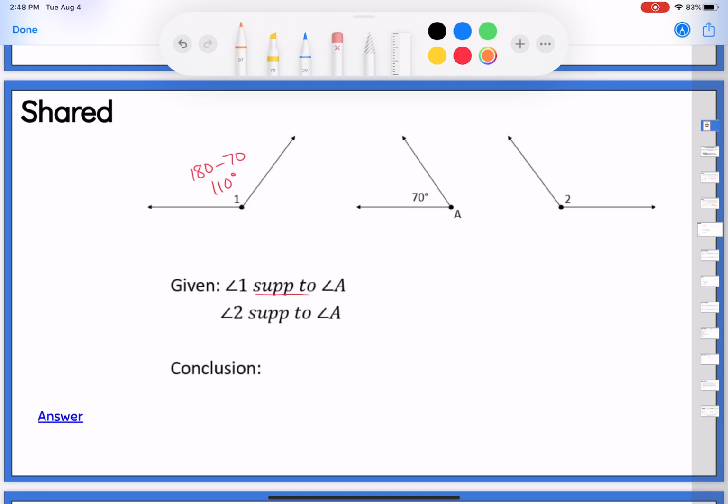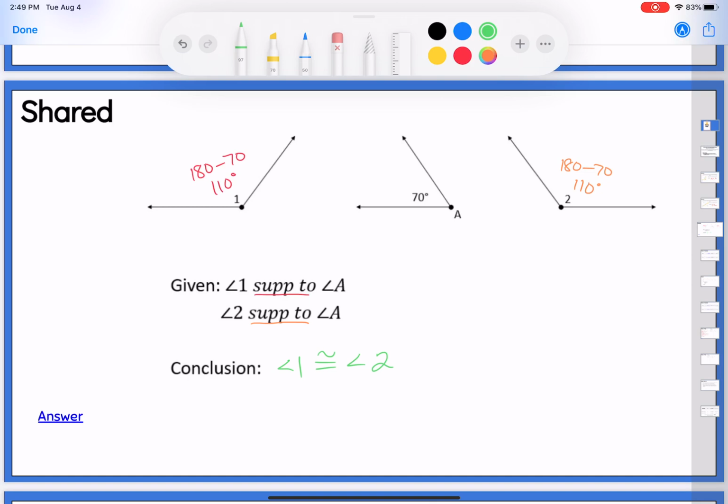They said angle 2 is supplementary to angle A. So angle 2 would be 180 minus 70, which would be 110 degrees. Oh, wait, if angle 1 is 110 degrees and angle 2 is 110 degrees, then angle 1 is congruent to angle 2 because they have the same measure.